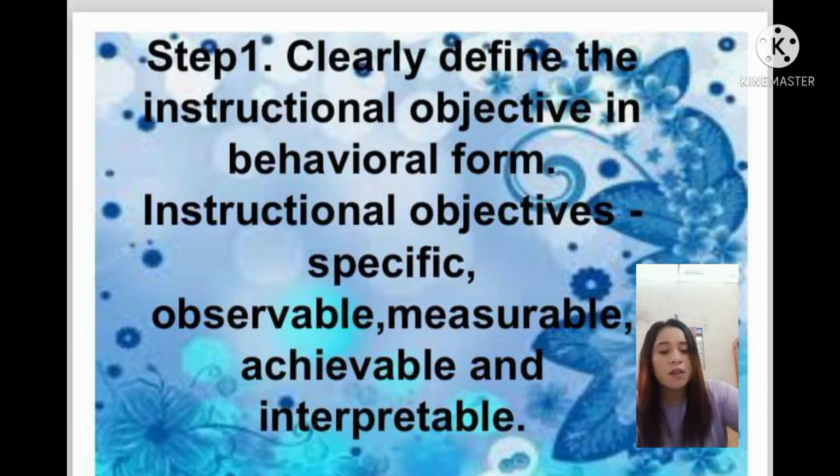The student will be able to label the different parts, that is the behavior. Then with at most 3 mistakes, the criteria, and complete the task in 5 minutes. So either this is the condition or criteria.